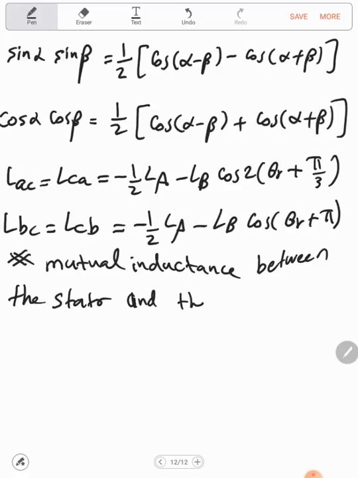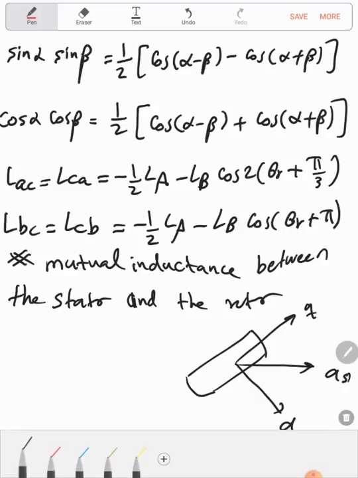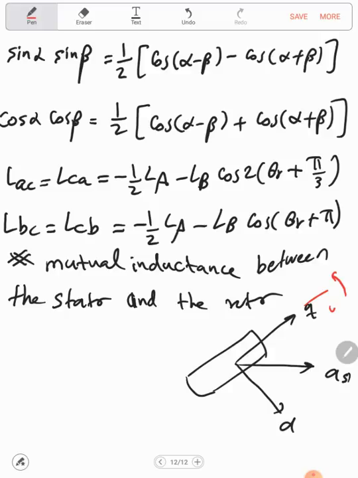Now remember, this is the rotor. This is the Q axis of the rotor, this is the D axis of the rotor, and this is the AS. The rotor is rotating by omega r, so the angle here is theta r.